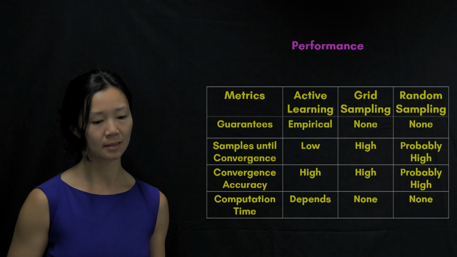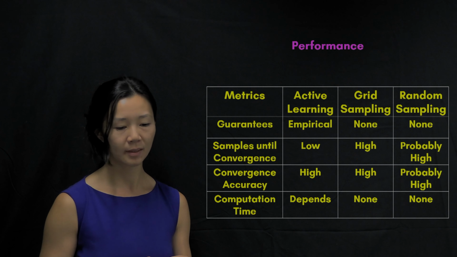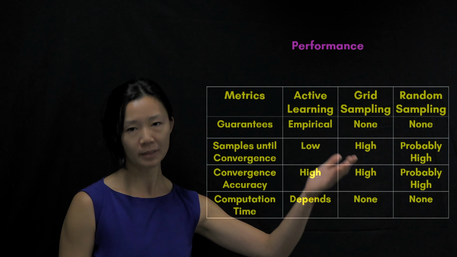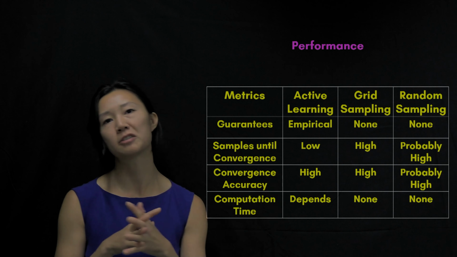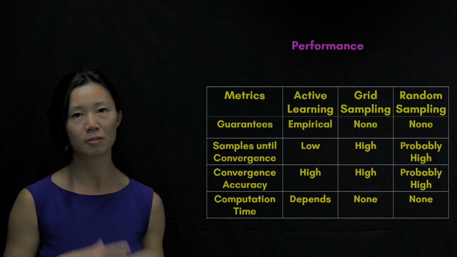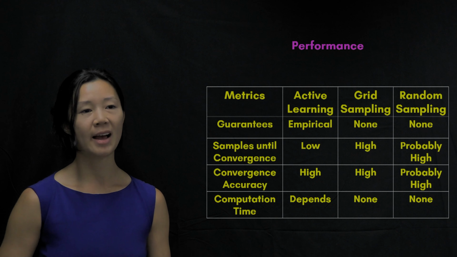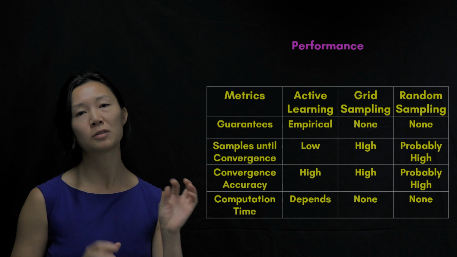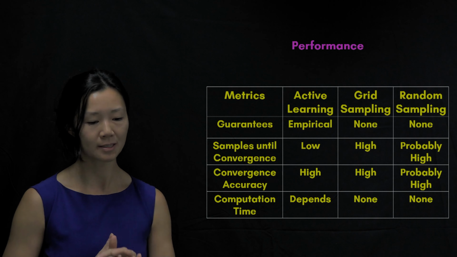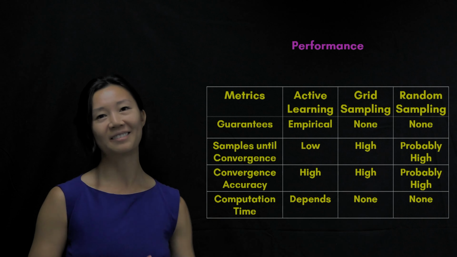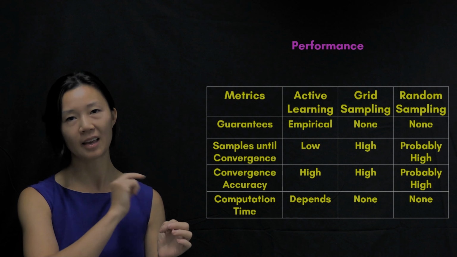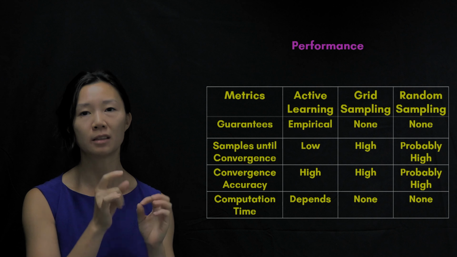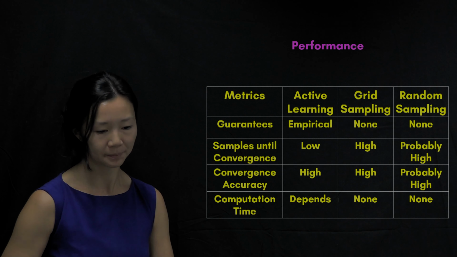So I think that other sampling strategies that are worth comparing to or act as baselines are grid sampling, which is where you have your region of interest, but then you discretize that region of interest into a grid, and then you measure the output at each one of those grid locations in the input space.